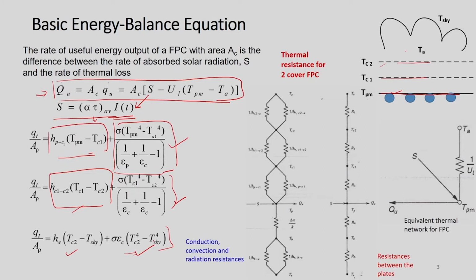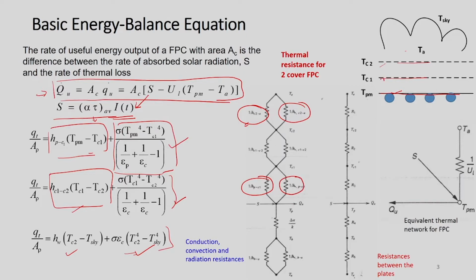If I am interested in drawing the thermal resistance of this two cover system, then this may be for the convective part and this may be for the radiative part. Starting from the absorber, these two components are for heat exchange from the absorber plate to glass cover 1.